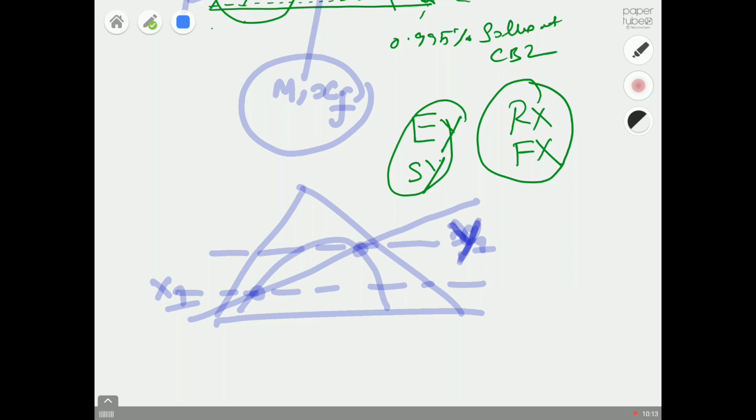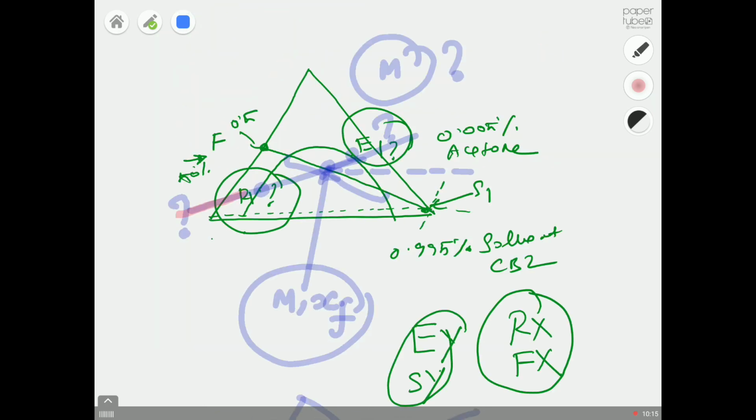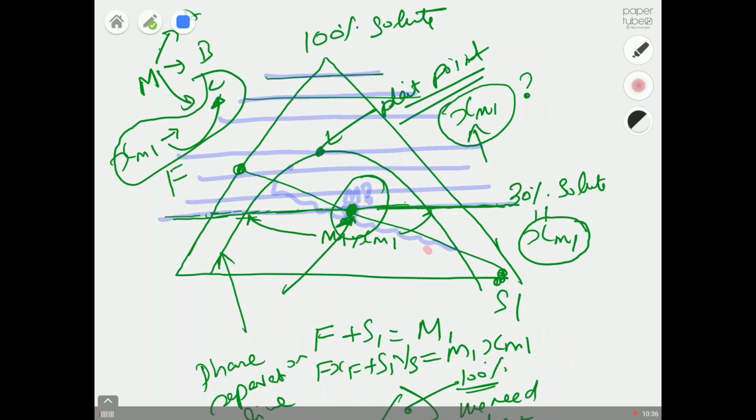I showed you from this Rx line, if we have this extract and this raffinate, the line will cut through this mixing point. So you know this fact. Now we are going to do the other way around. What we are going to do in this problem is a bit tricky.